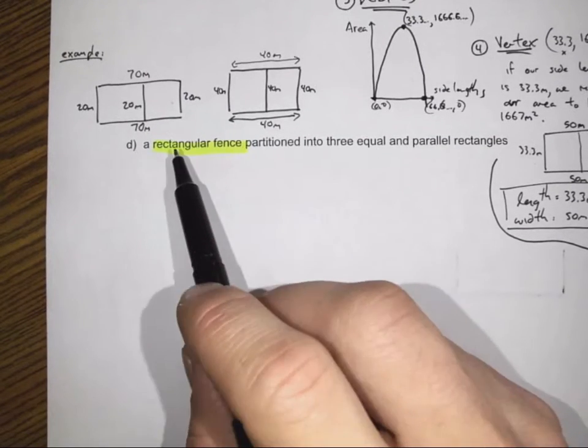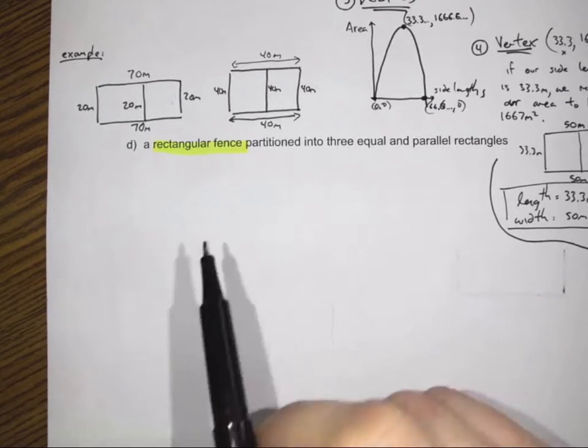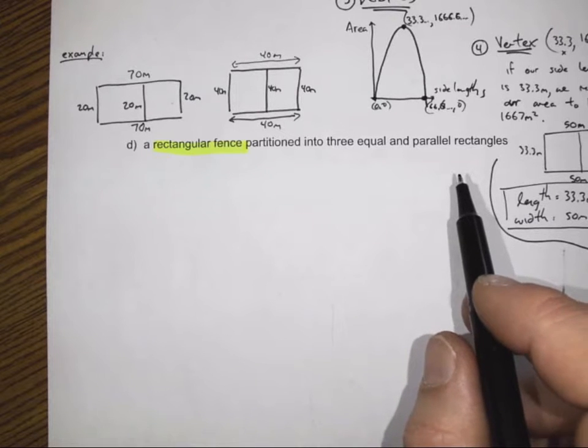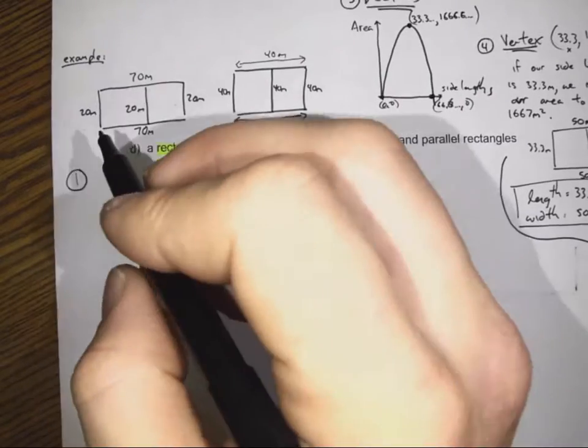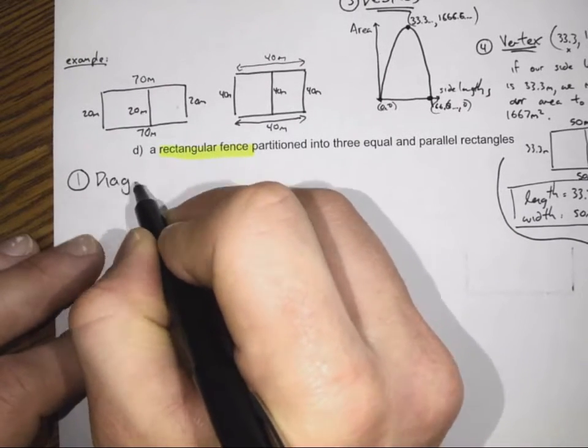All right, before you proceed, I would recommend you take a second to maybe grab a whiteboard or a piece of scrap paper and try to draw what you think this diagram is going to look like. Okay, so I'm going to start with a diagram of a rectangular fence, a rectangular enclosure.